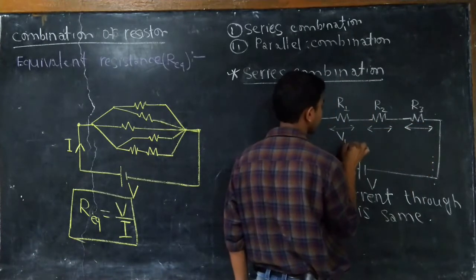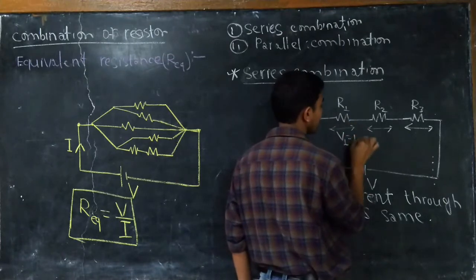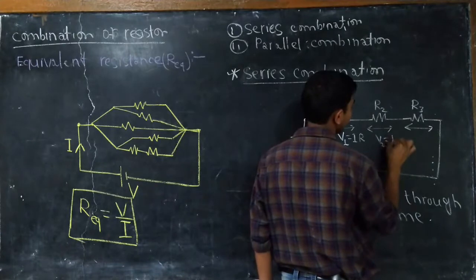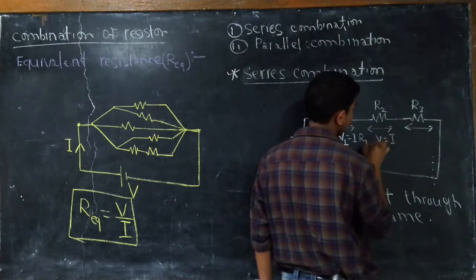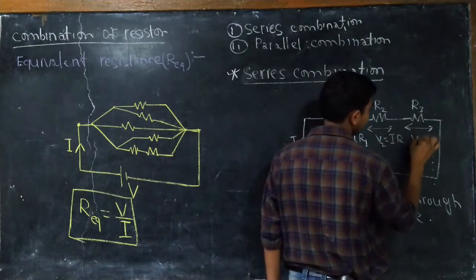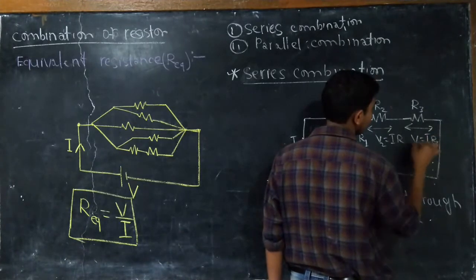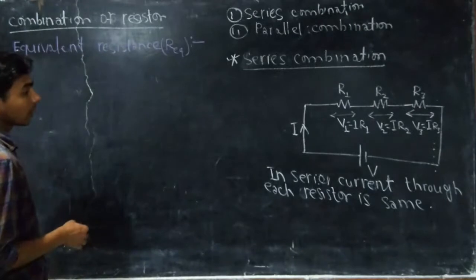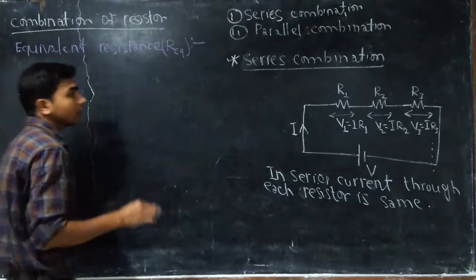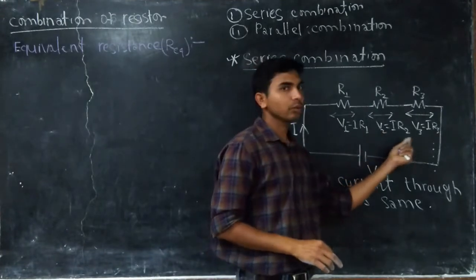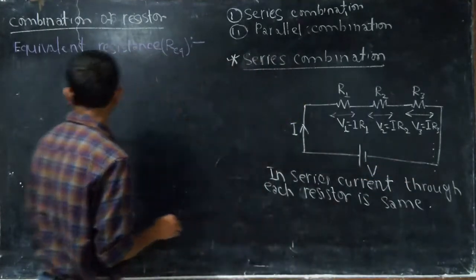This is V1, and that V1 will be I R1. This is V2, which will be I R2. This is V3, which will be I R3.